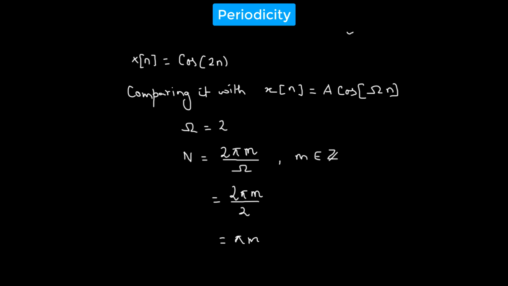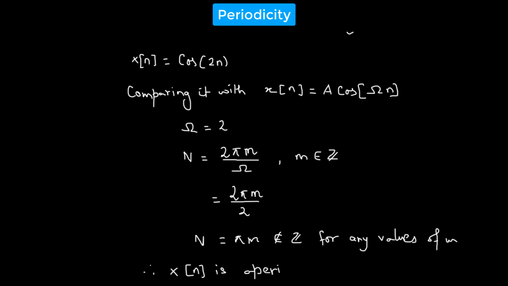We use the same logic: no value of m is going to make this an integer value, so it does not belong to the set of integers for any values of m. Therefore x of n is aperiodic in nature.